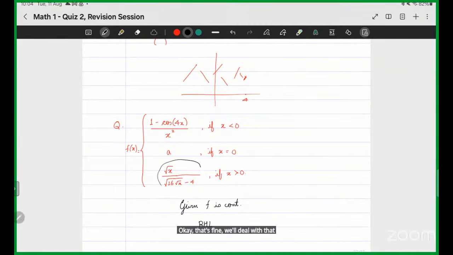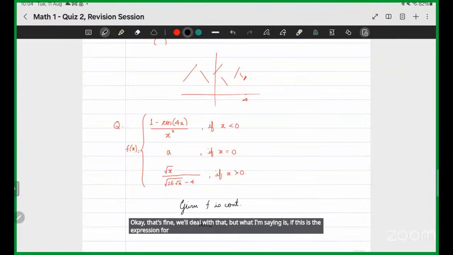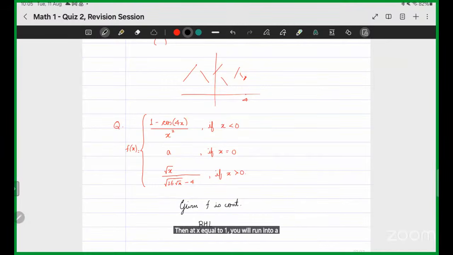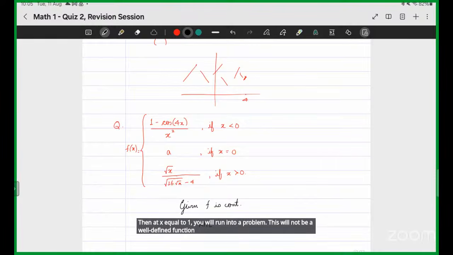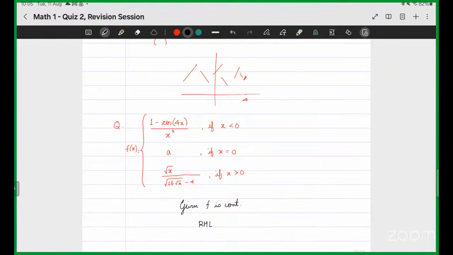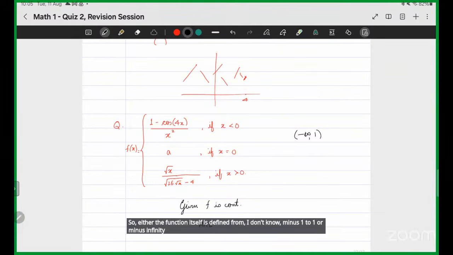But if this is the expression for all x greater than 0, then at x equal to 1, you will run into a problem. This will not be a well-defined function, because your denominator will become 0. So either the function itself is defined from, say, -1 to 1 or minus infinity to 1. Suppose let us just assume that at 1, there is no problem. The only problem point is 0.